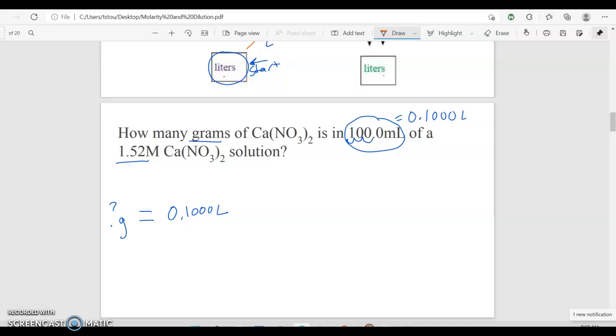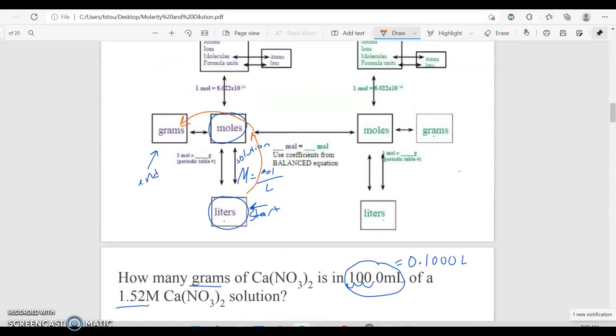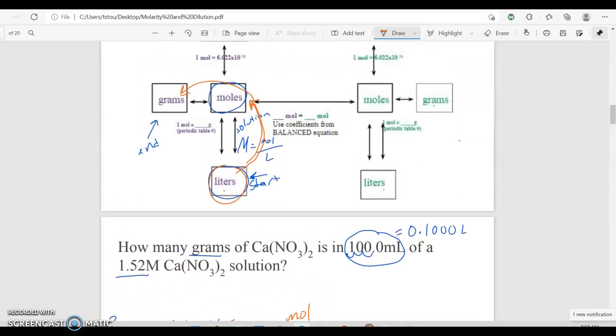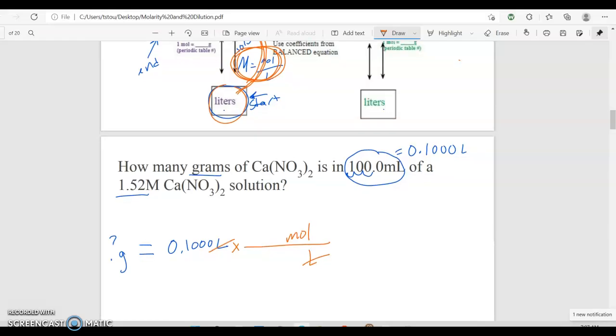So here we go. First part, I'm in liters. I want to get out of liters, so I'll put it on the bottom. That way they'll cancel. I'm going to check out my mole map. Okay, I'm in liters. I'm going to move myself up to moles. I'm first going to moles, so moles will be on top. I put my units in first, and then I look at, okay, what numbers do I put in? When I do this jump from top to bottom, from bottom to top, I'm going to need molarity. So I'm going to go look at my molarity. It says it's 1.52 molar.